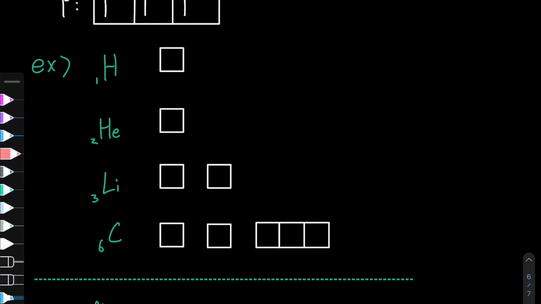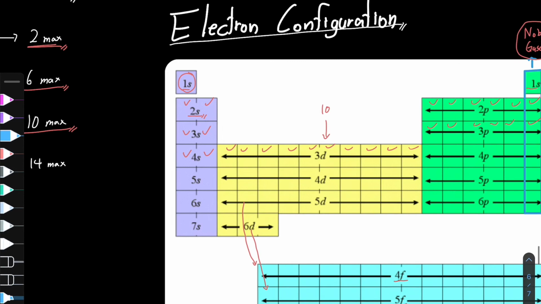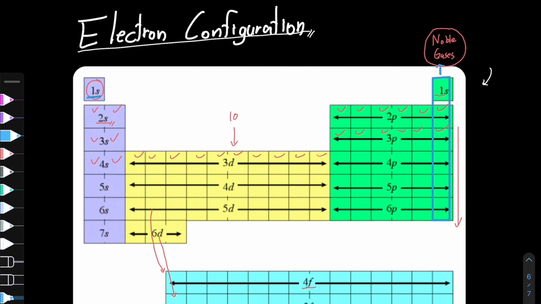Since hydrogen in its neutral state has 1 electron, we draw 1 electron, and this would be denoted as 1s1. Taking a look at this writing, 1s would be the writing of the electron configuration on the periodic table.